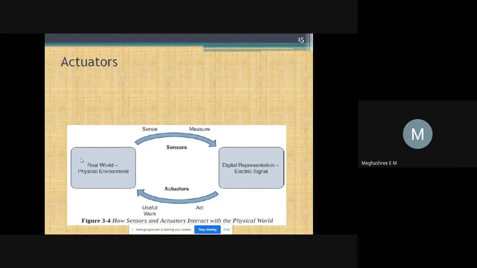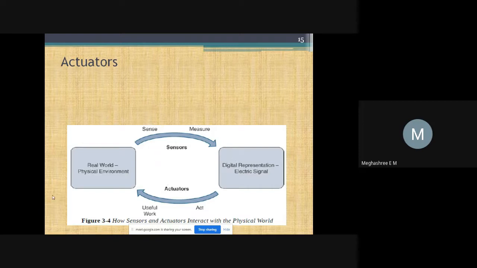Okay, you can see here the sensors which are deployed in the environment measure the physical data and convert it into digital representation, right? Once it is read at the control system, the control system acts based on this data. So that we call actuators.